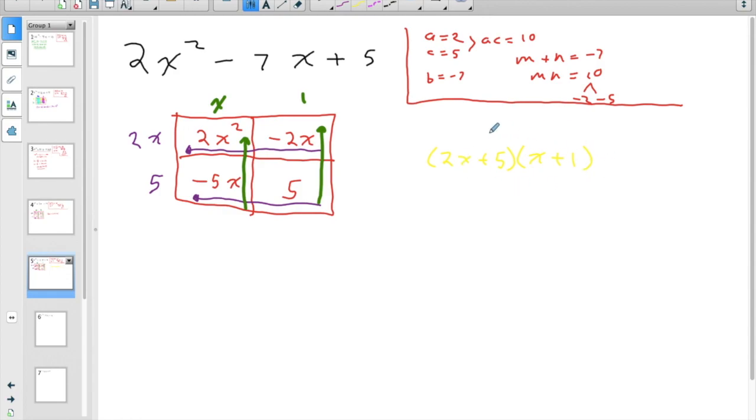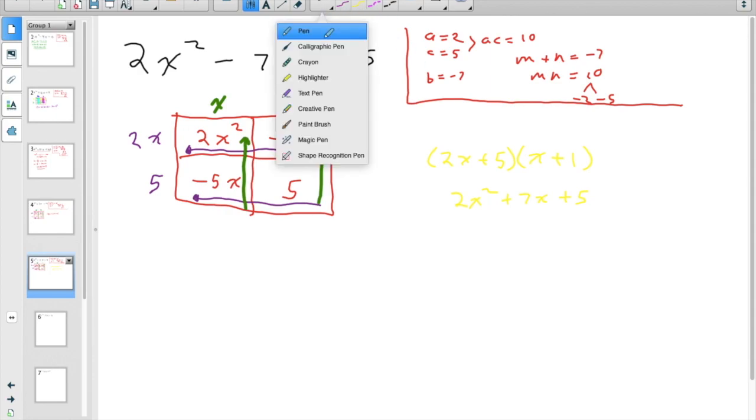And if we multiply this out, we get 2x squared plus 7x plus 5. And this is clearly not correct. So how can we ensure that we always get the right answer?